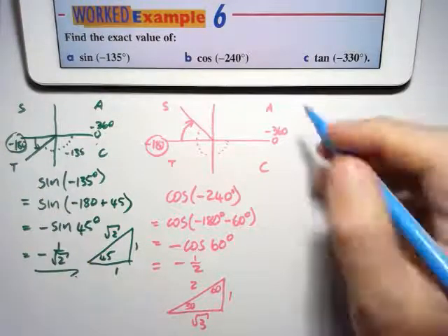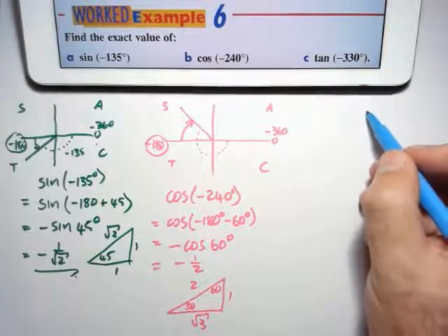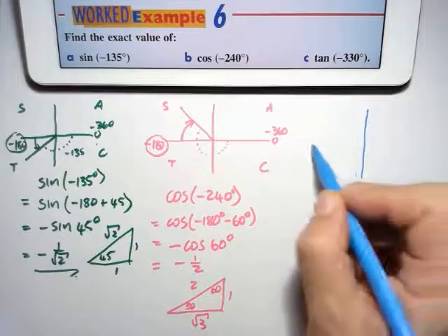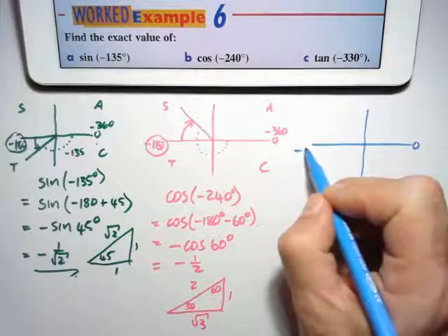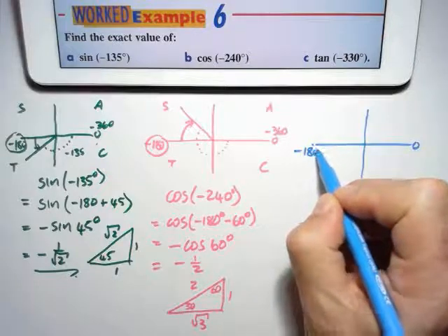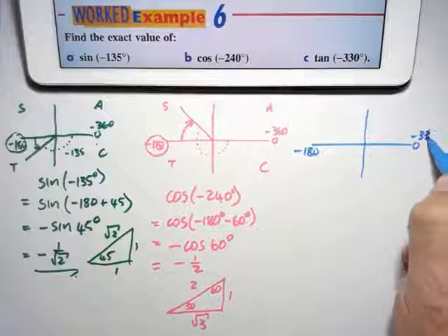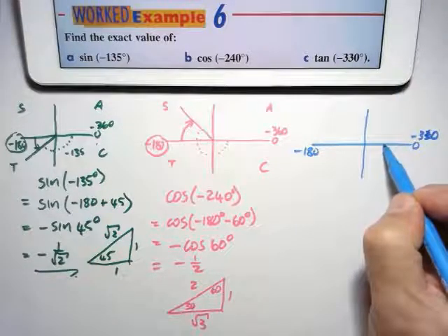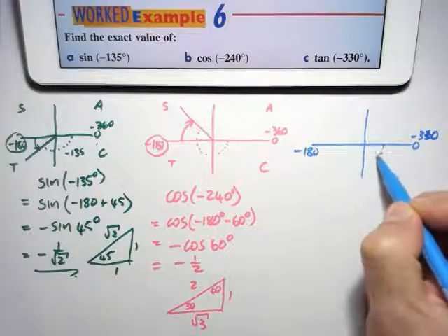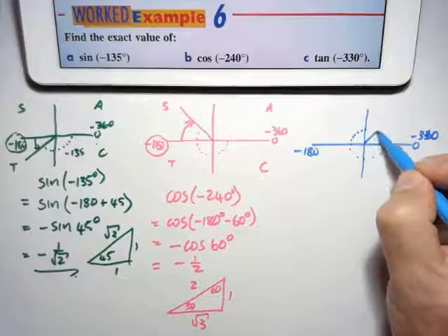Last question, C. The tan of negative 330. CAST diagram, starting at 0, negative 180, negative 360. So if I say negative 330, it goes from here all the way around, negative 270, all the way to somewhere there.